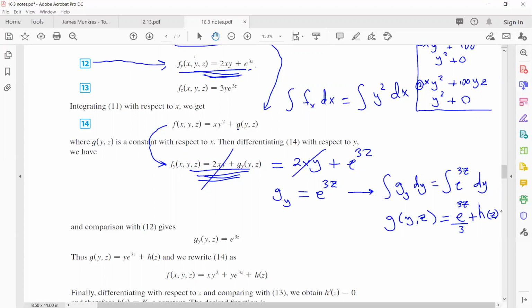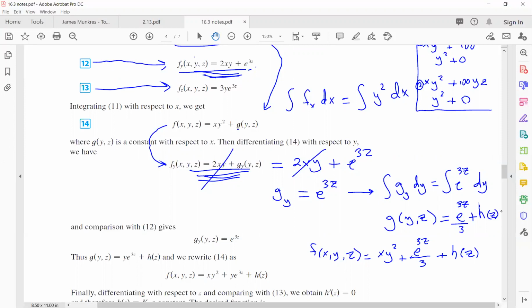So our potential function is now x y squared plus g of y and z, which is e to 3z divided by 3 plus hz. Perfect. Now we can use 13.